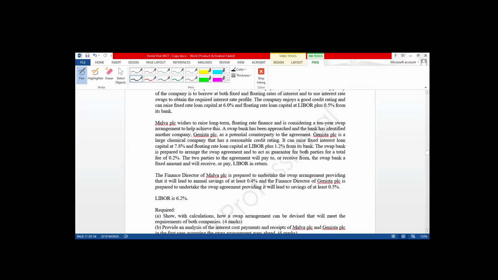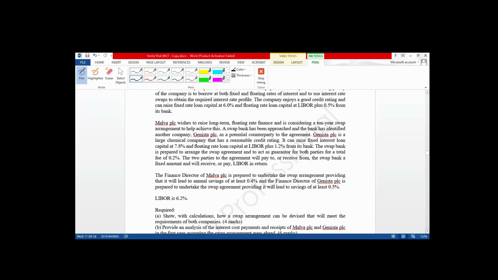The swap bank is prepared to arrange the swap and act as guarantor for both parties for a total fee of 0.2%.